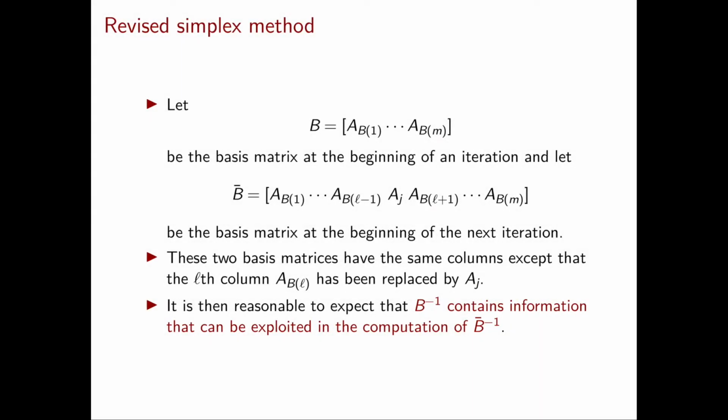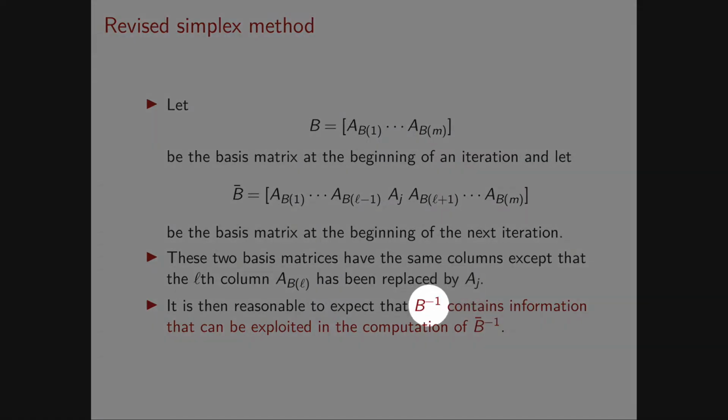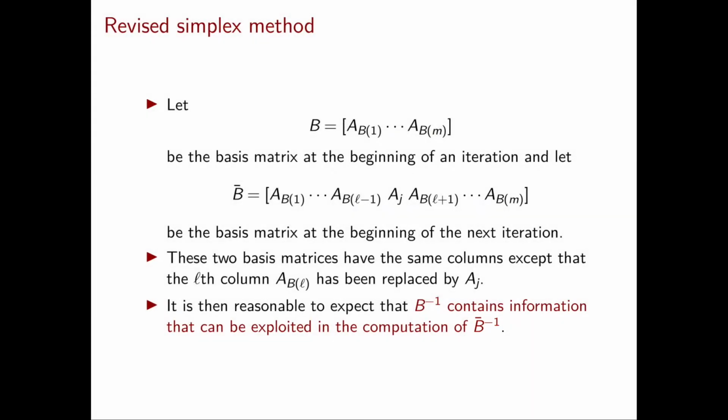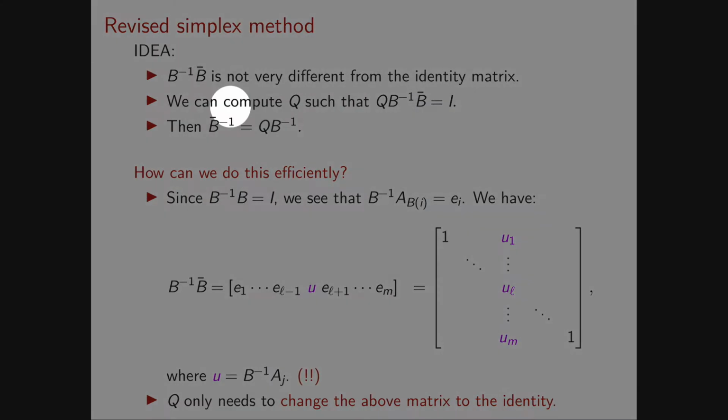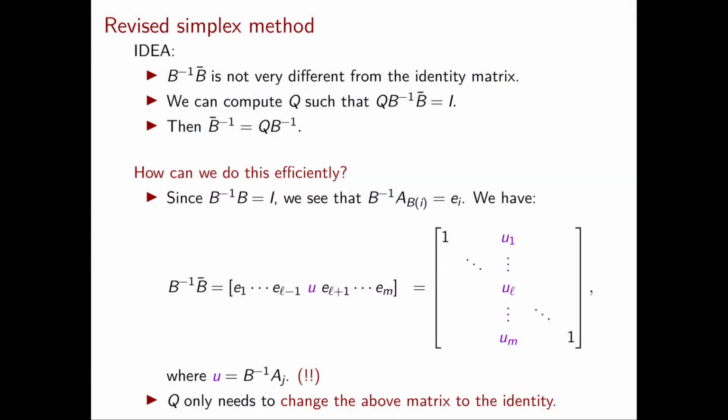And so the idea is to use B inverse to quickly obtain B bar inverse without needing to compute B bar inverse from scratch, which would require m cube operations. How exactly are we going to compute B bar inverse efficiently? The first thing that we're going to do is to observe that B inverse times B bar is not very different from the identity matrix.